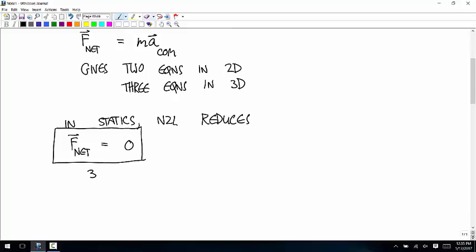But again, that's two equations in 2D. Mostly we'll be doing two-dimensional problems, but some 3D. Two equations in 2D, three equations in 3D. And the reason it reduces to this is because in statics, everything's in static equilibrium. There's no acceleration, so the right side goes away.